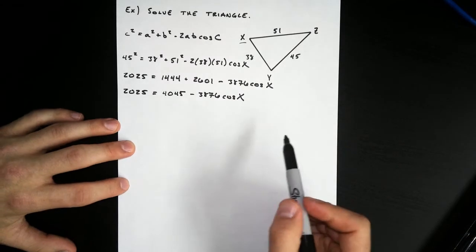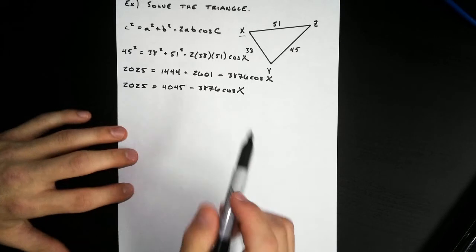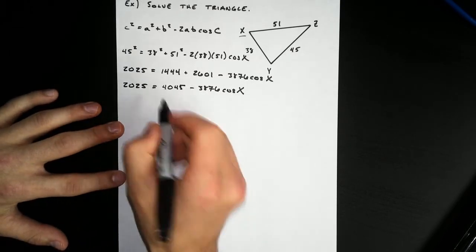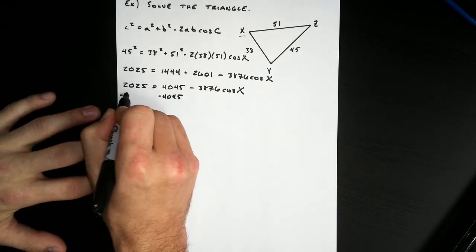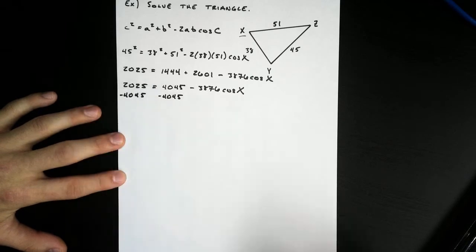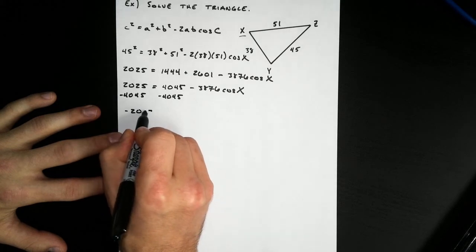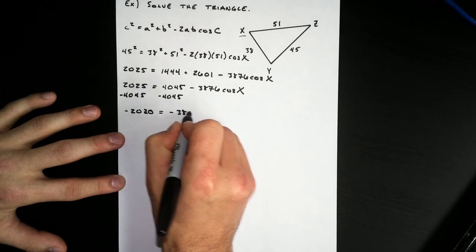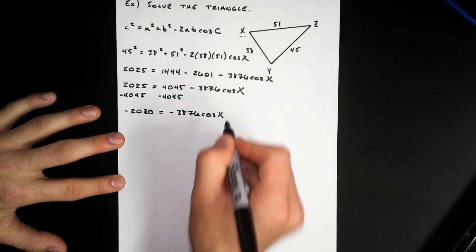okay. Now I am trying to isolate the cosine of x, so I'm thinking kind of backwards here. First I am going to subtract the 4045 from both sides. You get negative 2020, and that is equal to negative 3876 times the cosine of x.